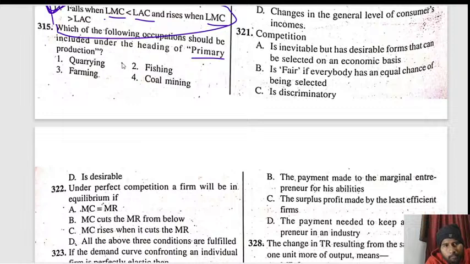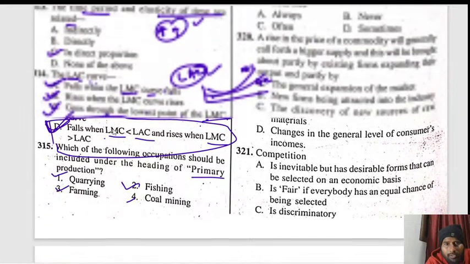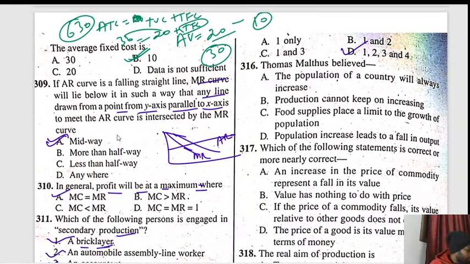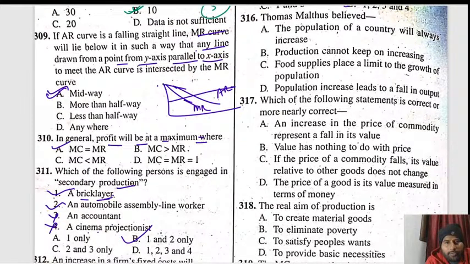Fishing, farming, quarrying, coal mining, I think these are all linked with primary production. So the correct option is D only.